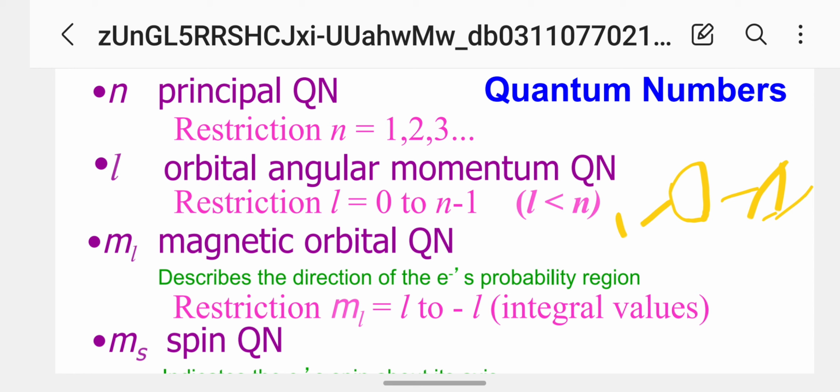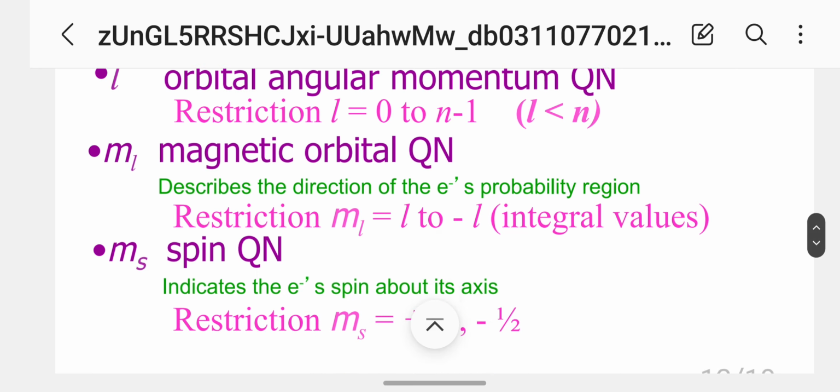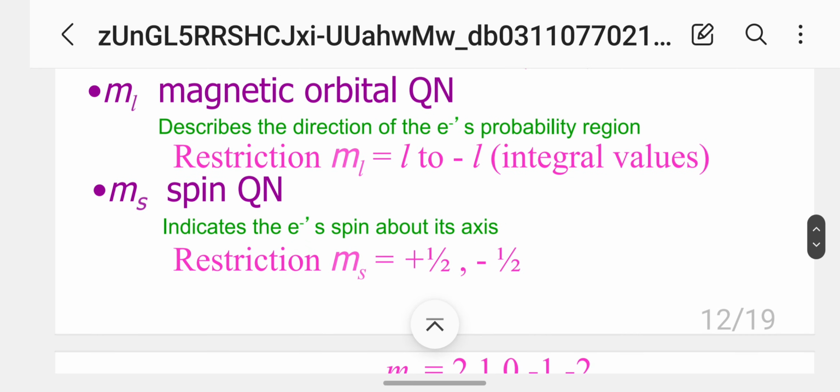And the other limitation according to the definition of the orbital angular quantum number is that it will always be less than the principal quantum number, which is clear from here. If you subtract 1 from n, so L equals n minus 1, it will automatically decrease the original value. Afterwards we have the magnetic quantum number.